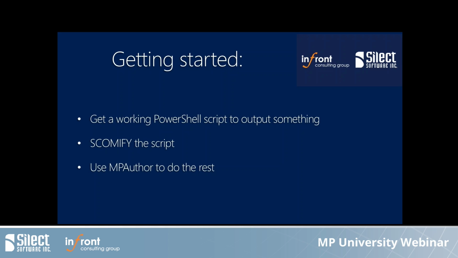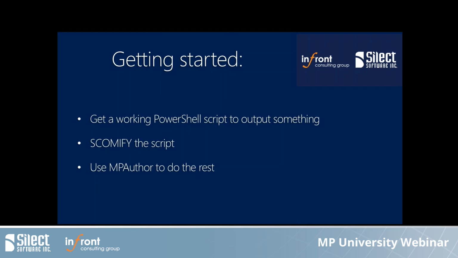Sometimes SCOM admins are really good scripters, and sometimes they're not. So I'm going to go through a scenario where a customer gives us a script and says, hey, I just want SCOM to run this script and do something with the output. What we would typically do is take the script and what I call SCOMify the script.